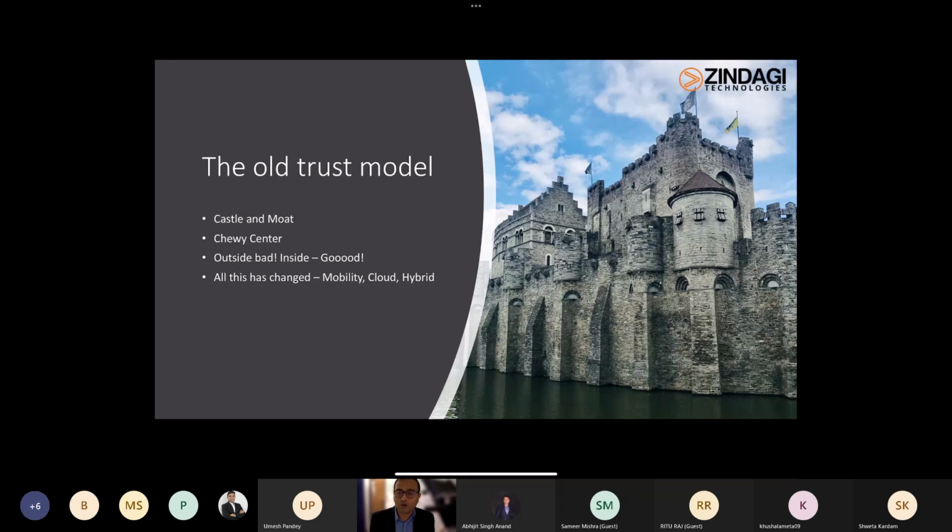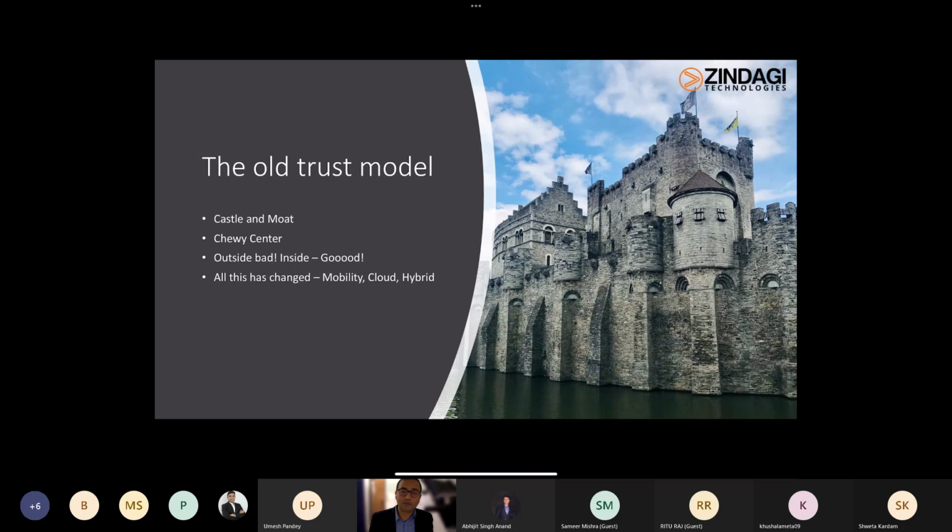So there is no boundary anymore. Organizations cannot control every device of the employee anymore. And even if they could control the device, the device is not just a device. The device is now a tunnel, and that tunnel is basically from internal to anywhere, including public cloud apps, software as a service, platform as a service, right? So the device is not a device which can be controlled anymore, is the paradigm. So that's what the old model is.